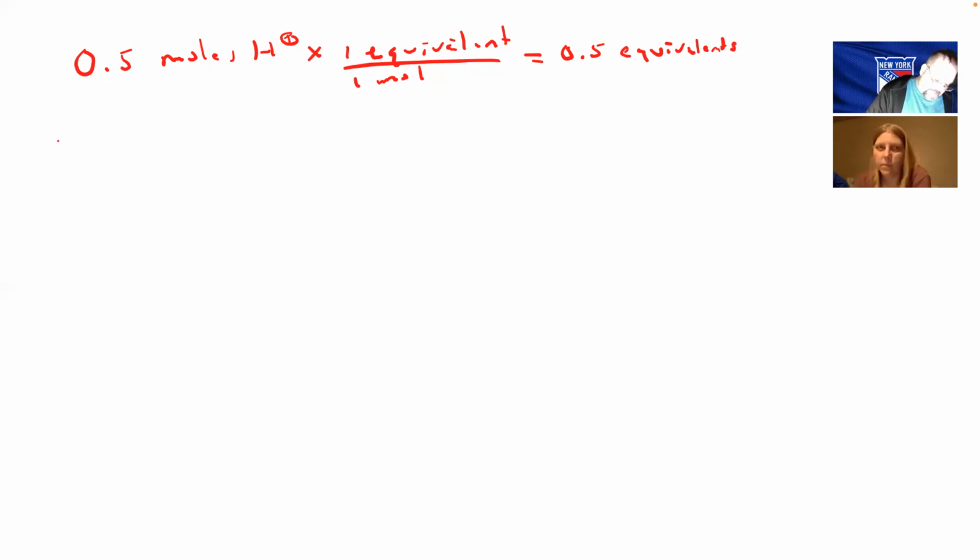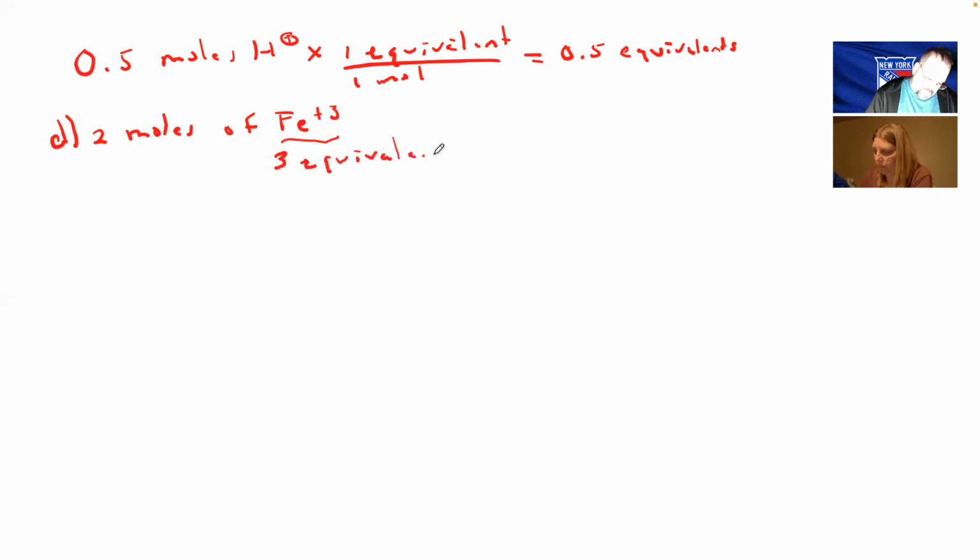If you look at letter D, they want to know the number of equivalents in 2 moles of Fe plus 3. So based on looking at Fe plus 3, what would be the corresponding equality relating equivalents per mole? Well, you would have here that 3 equivalents would be equal to 1 mole. Again, that's based on the charge of +3.